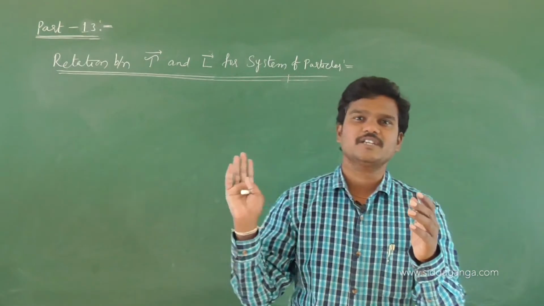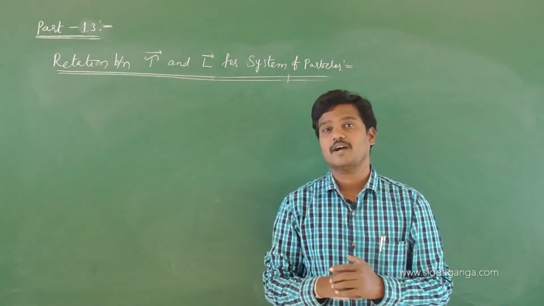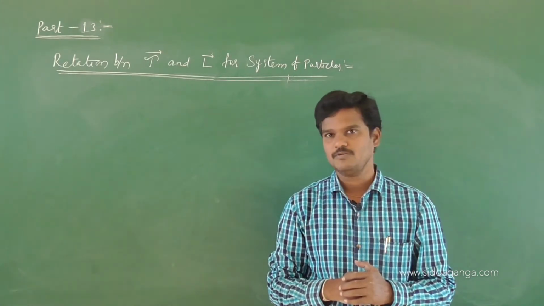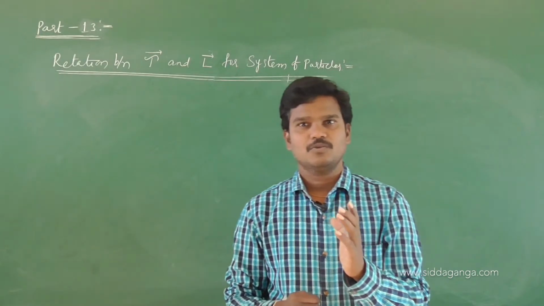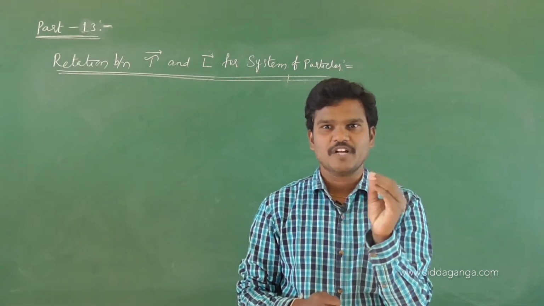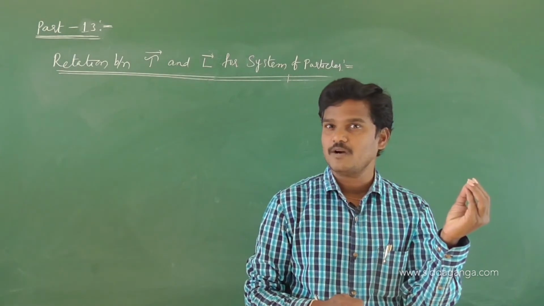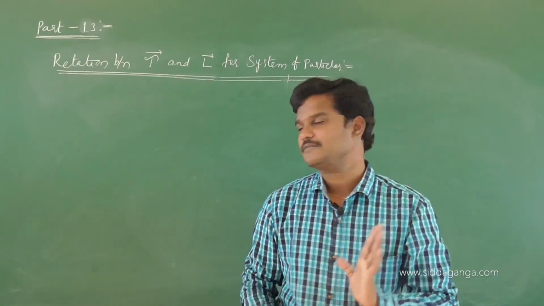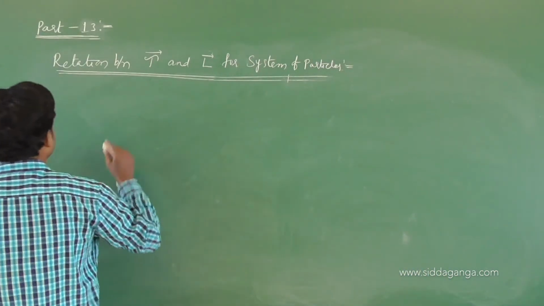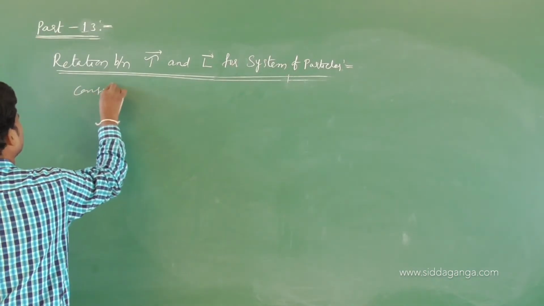Once the rigid body is set into rotation about a fixed axis, that rigid body will have angular momentum. If m1 rotates, the m1 particle has angular momentum. m2 rotates, the m2 particle has angular momentum. m3, m4, m5.